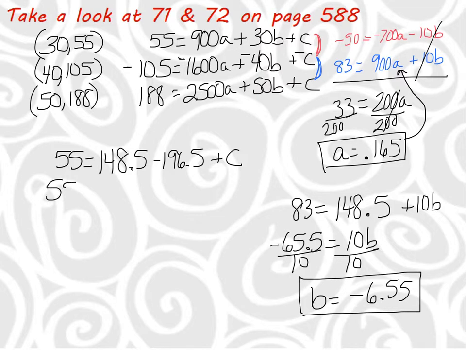Okay, so that actually comes out pretty decent. You get a negative 48 there when you combine those. Add the 48 to the other side, and I get 103 for my c value.